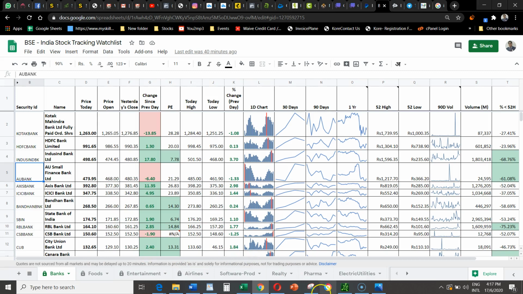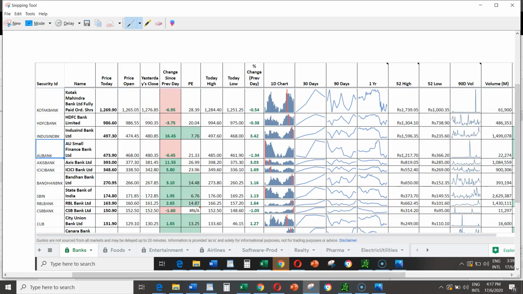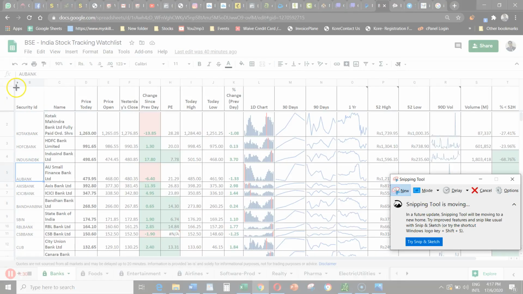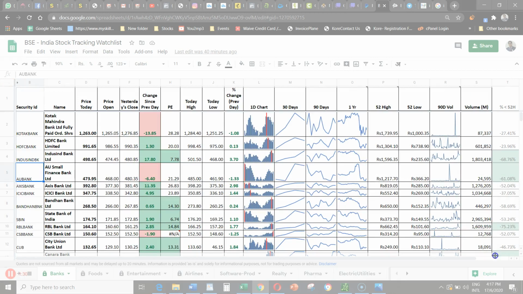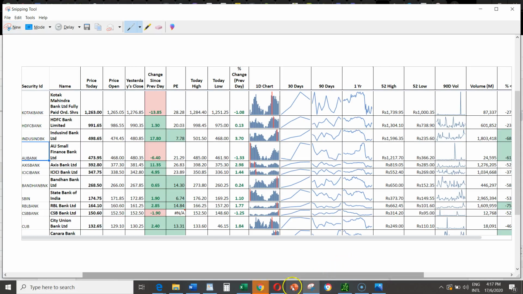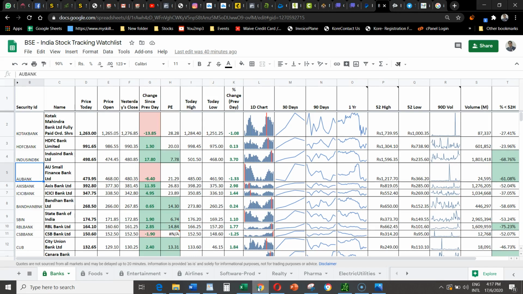So what we will do is that we will take a quick snapshot of this to just compare. All right, okay, so that's a snapshot, and then let's go back to the sheet. So how this works is I have done conditional formatting, so it quickly shows us that this is 14 rupees down since yesterday's price.